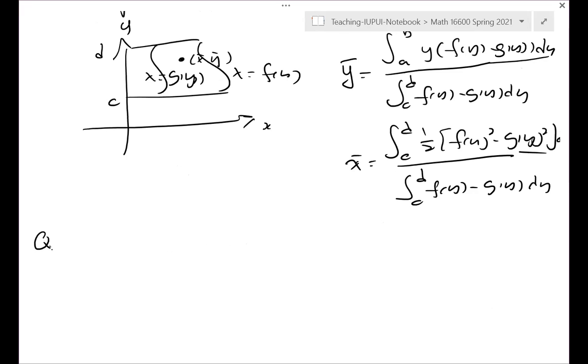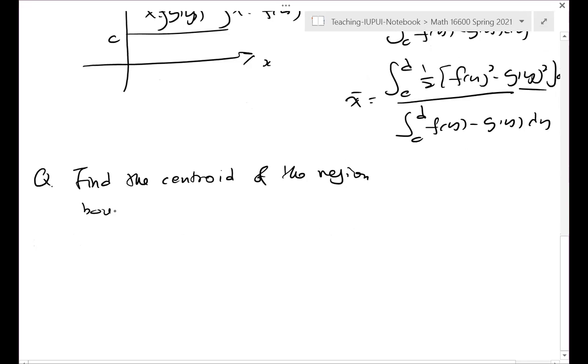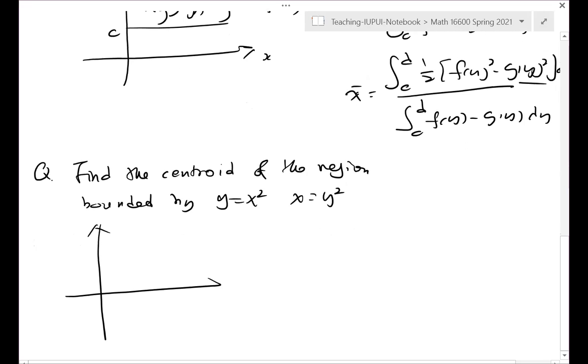All right, so here's a question: find the centroid of the region bounded by y equals x squared, x equals y squared. So you are not given the graph even.